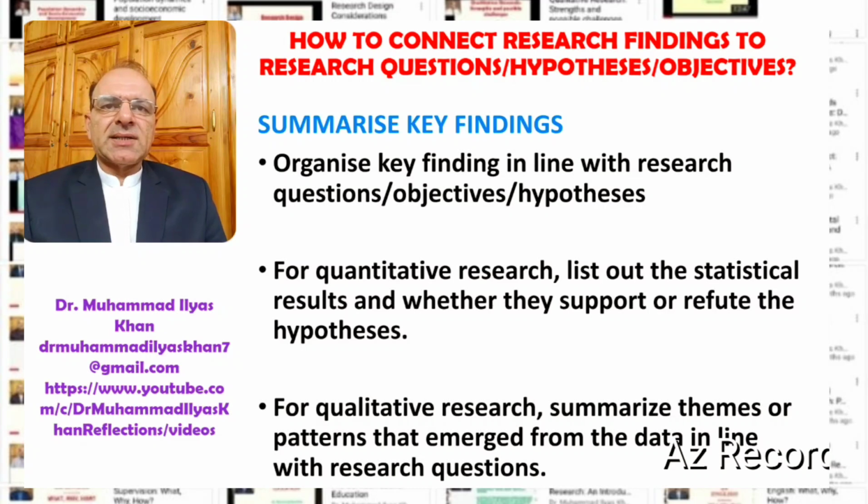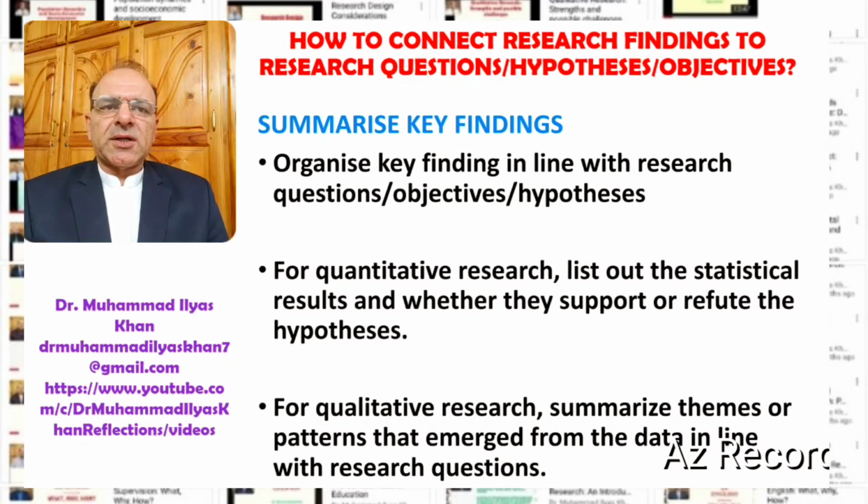Secondly, in order to connect our research findings to our research objectives, questions, or hypotheses, we need to summarize key findings. And that actually means that we need to organize our key findings in line with our research questions, objectives, and hypotheses. Generally, hypotheses are associated with quantitative research.